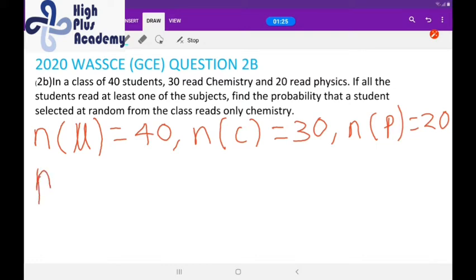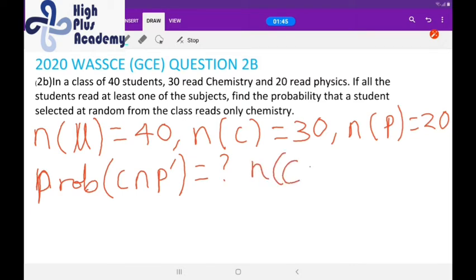So, the probability that a student reads only chemistry, with chemistry represented by C, and only chemistry means C intersection physics complement. So we are looking for the probability of this. Before you can get this, we have to know the value of C intersection physics complement.